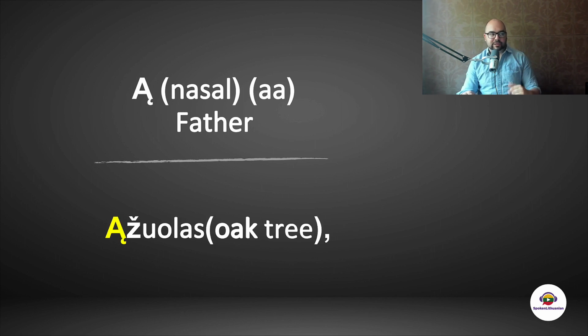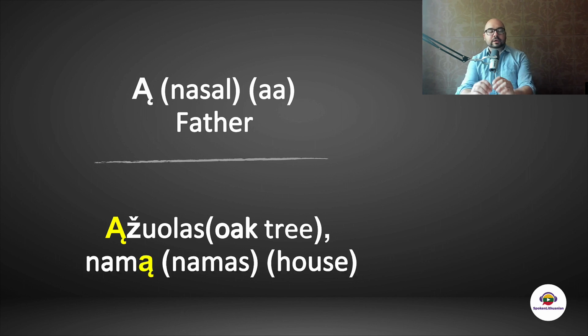Like ąžuolas, oak tree, or we often use it in the endings of nouns in a different case. For example, namas is the first case, like what? A house. But when I see a house, I'm using a different case in Lithuanian, and then I have nama.